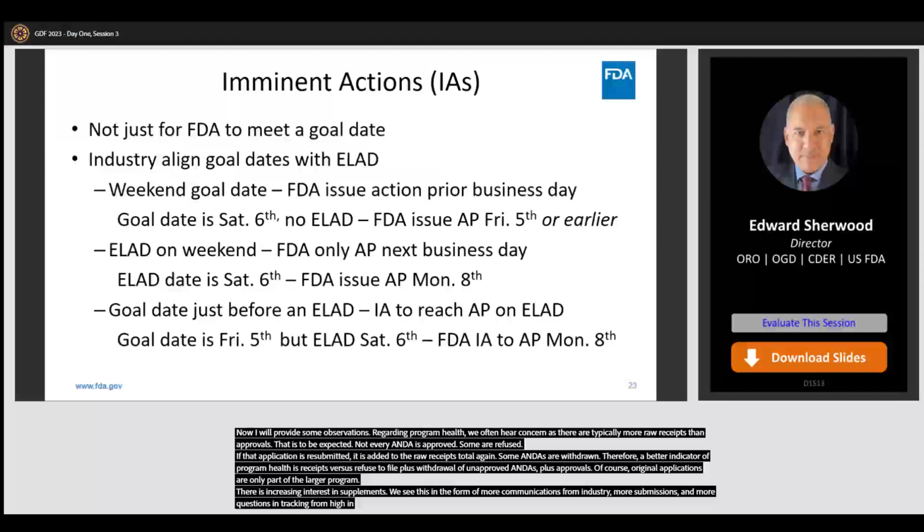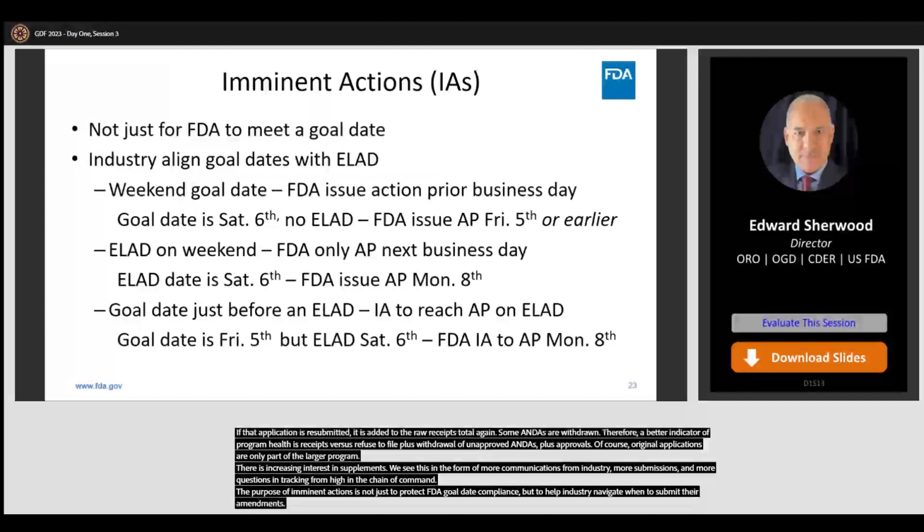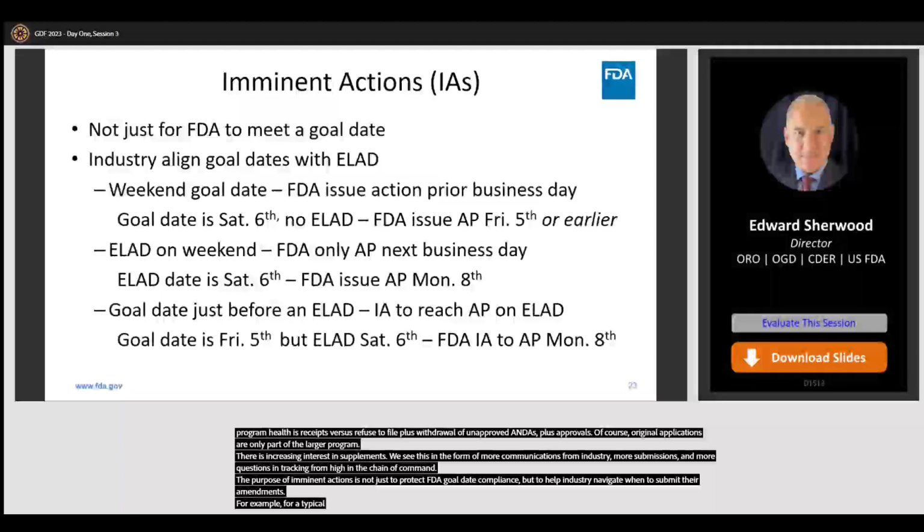The purpose of imminent actions is not just to protect FDA goal date compliance, but to help industry navigate when to submit their amendments. For example, for a typical application that receives a weekend goal date, FDA must issue the action letter on the Friday before the weekend, or it is a miss.